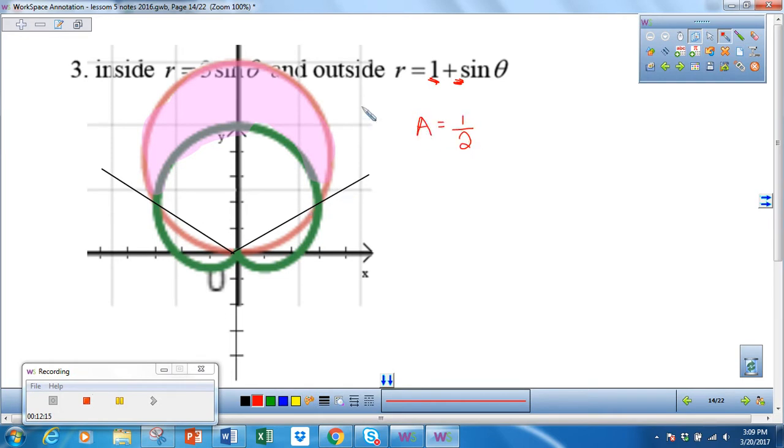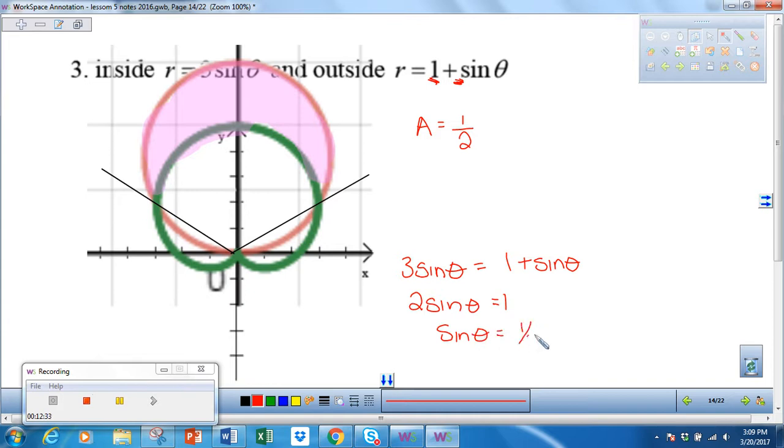We've got to find our points of intersection. So I have to do, I think that is 3 sine theta equal to 1 plus sine theta. So I get 2 sine theta is equal to 1. Sine theta is equal to 1/2. So theta is once again equal to pi over 6 and 5 pi over 6.